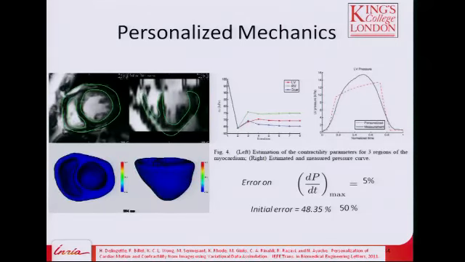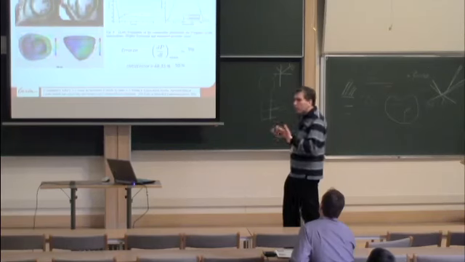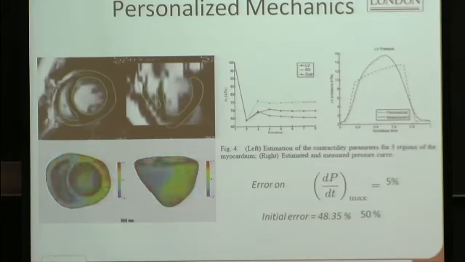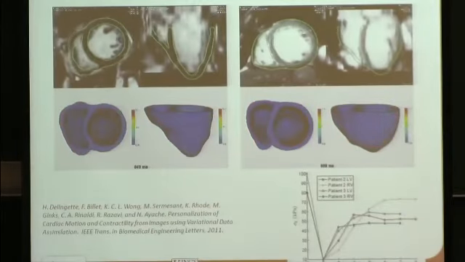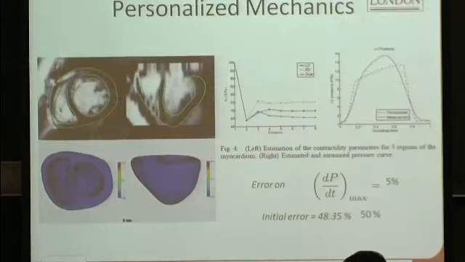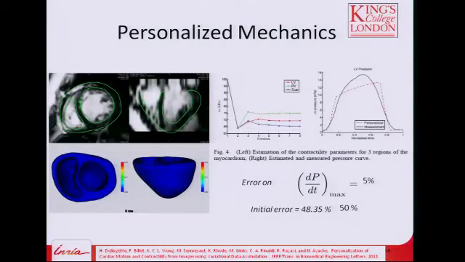To verify, this is more like a validation of our approach, we looked at the pressure curve. The pressure was not used in the parameter estimation, but we were able to recover the pressure fairly well, at least in this stage of the cardiac cycle, not in the later stage, but in this first stage, we are able to recover fairly well the rise of pressure.